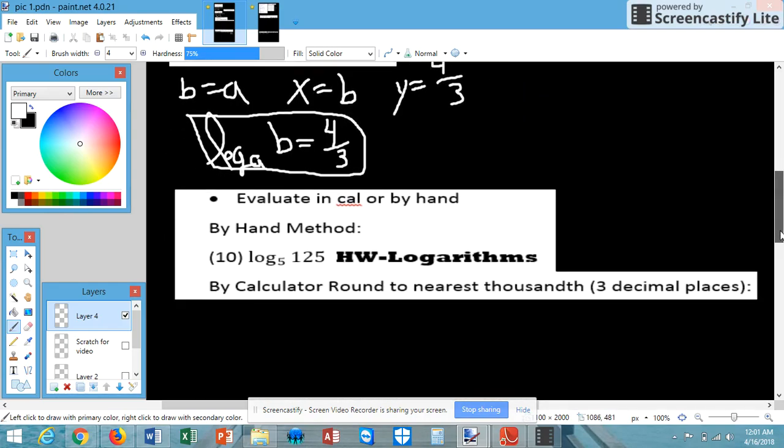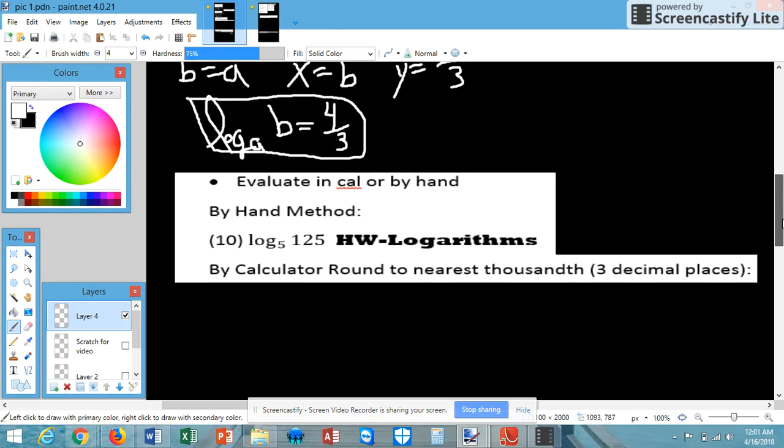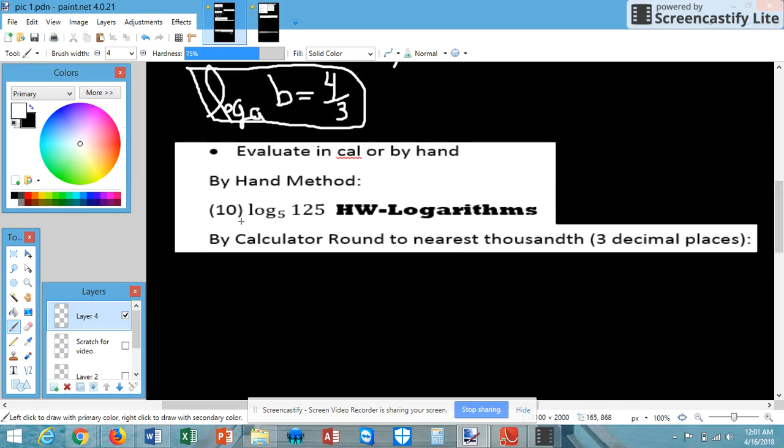So if we go down to number 10, we're going to evaluate this by hand. You could also put this in the calculator, but it's really quick to do it just by hand. So on number 10, we have log base 5 of 125. So let's first rewrite this in the exponential form, and it might look more familiar. So 5 is b, x is 125, and y is our unknown. We don't know what it is yet.